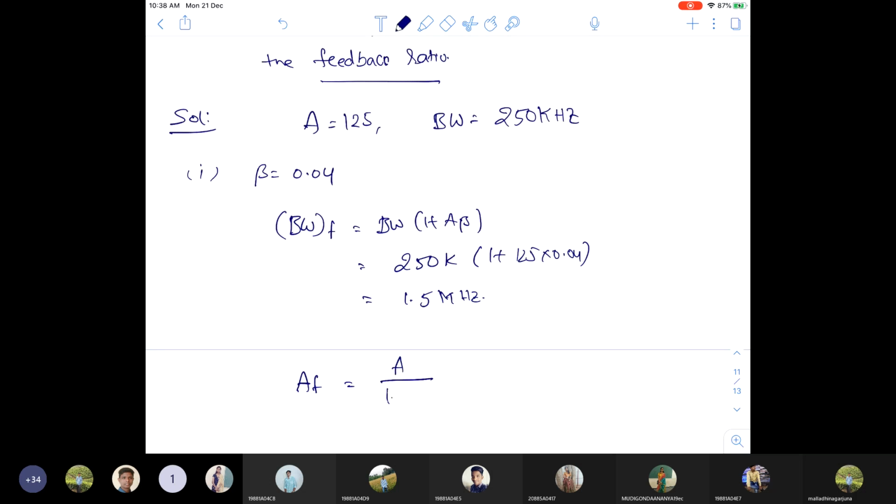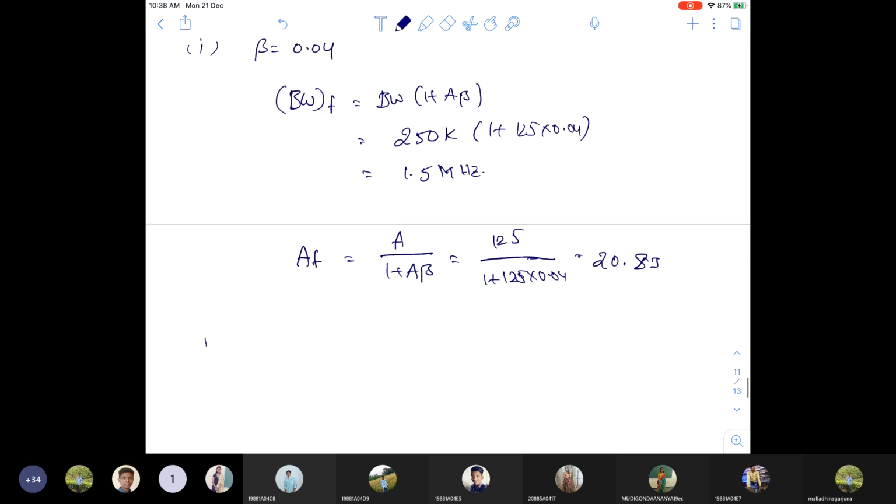AF is equal to A by 1 plus A beta. So 125 by 1 plus 125 into 0.04. 20.83 is the answer for AF.